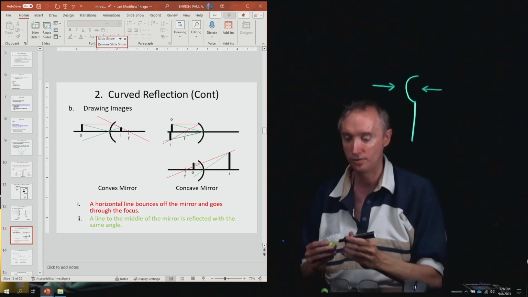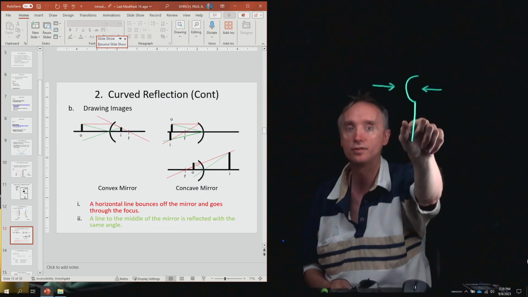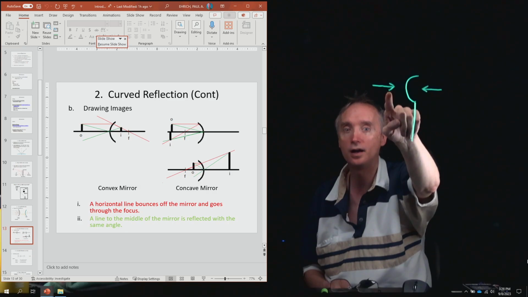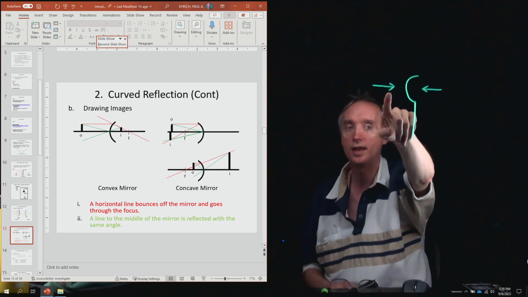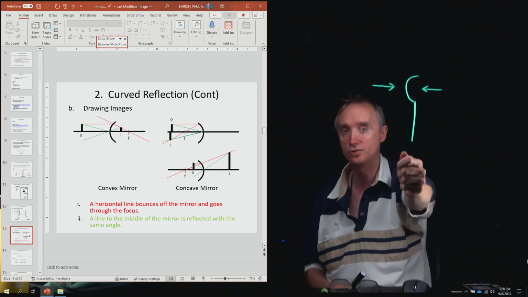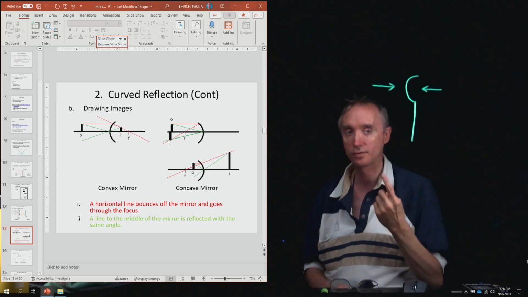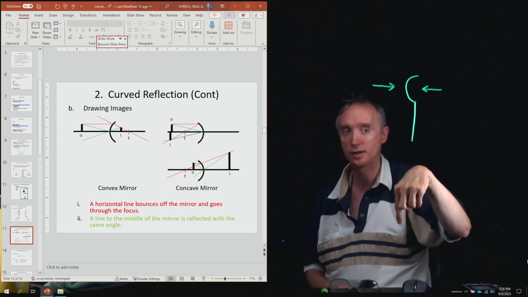So what I want you to do is to take your spoon and hold it so that it's mimicking a concave mirror, and hold it at arm's length and look at your image in the mirror. So first, is it right side up or is it upside down?